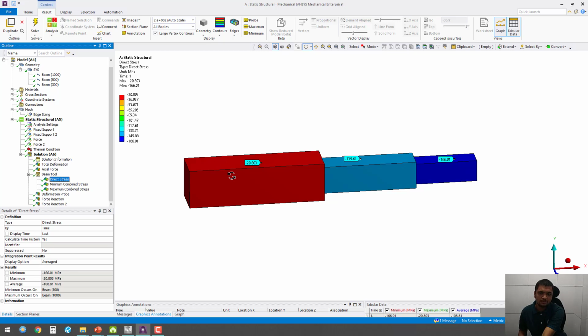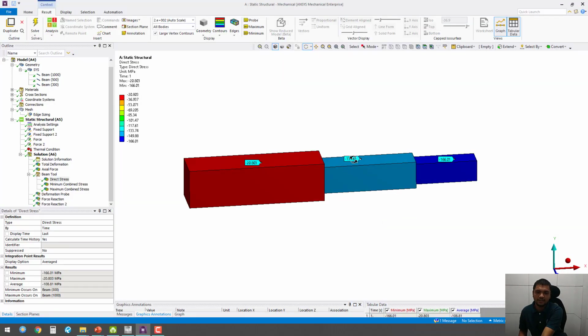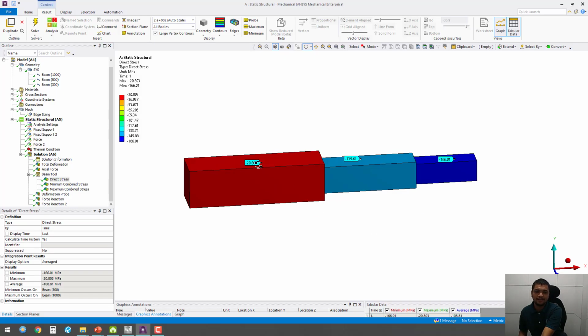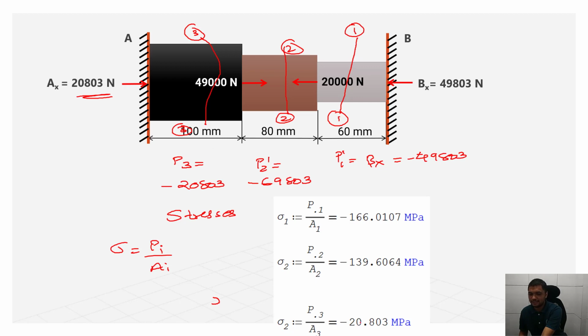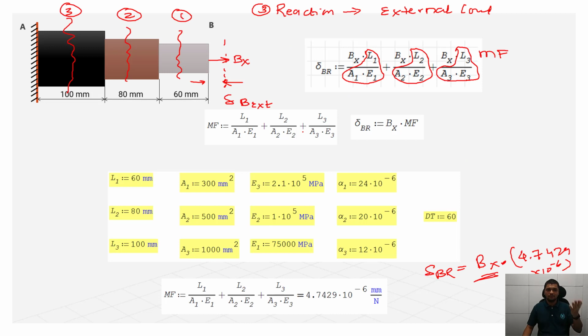Let's see the stress values. In the first section it is 166.01, exactly matching. Then 139.61, exactly matching, and minus 20.803, exactly matching the sigma 3 value. So this way we can compare with the hand calculation values. You can also see the deformation at point number 2 using hand calculation.